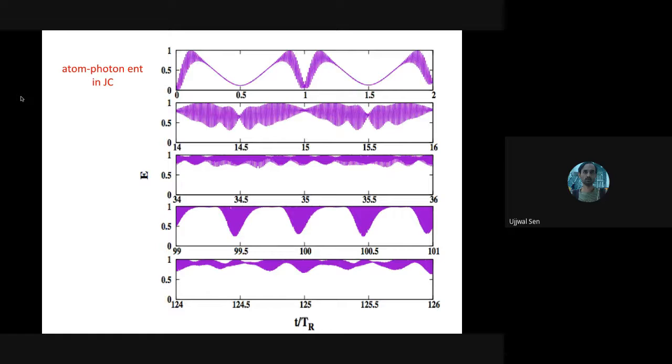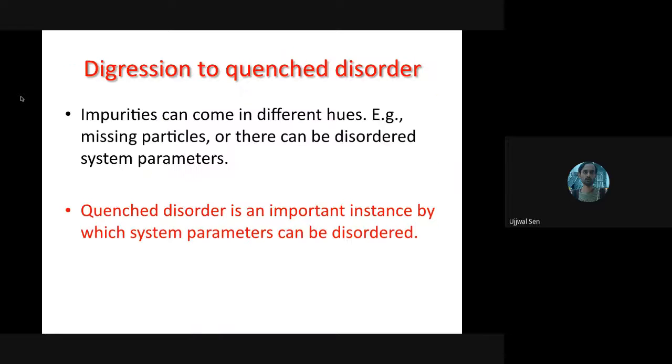And you see that there are, again, collapses and revivals, in a different sense, in entanglement. So now in this system, this Jaynes-Cummings model, we will try to insert some amount of disorder.